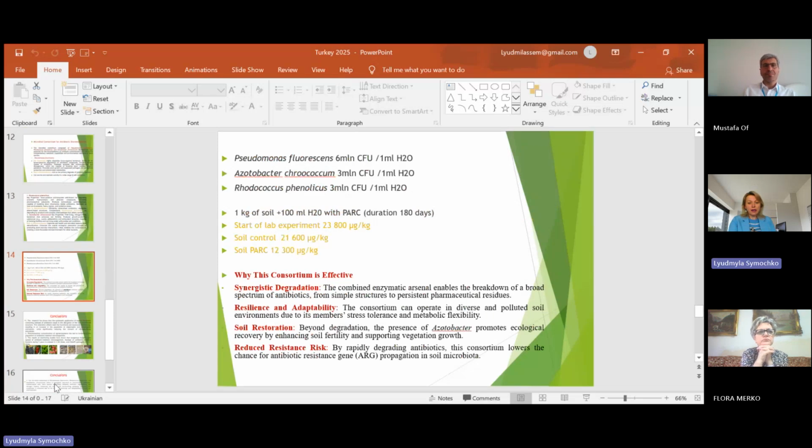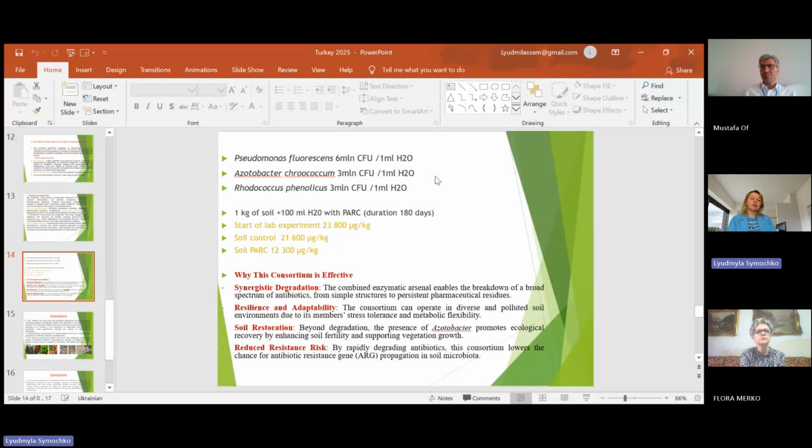We conducted laboratory studies. So we created this consortium. Pseudomonas fluorescens, as I told, Azotobacter chroococcum, and Rhodococcus phenolicus, in such quantities: 6 million colony-forming units per 1 milliliter of water, 3 million, and 3 million of Rhodococcus phenolicus.